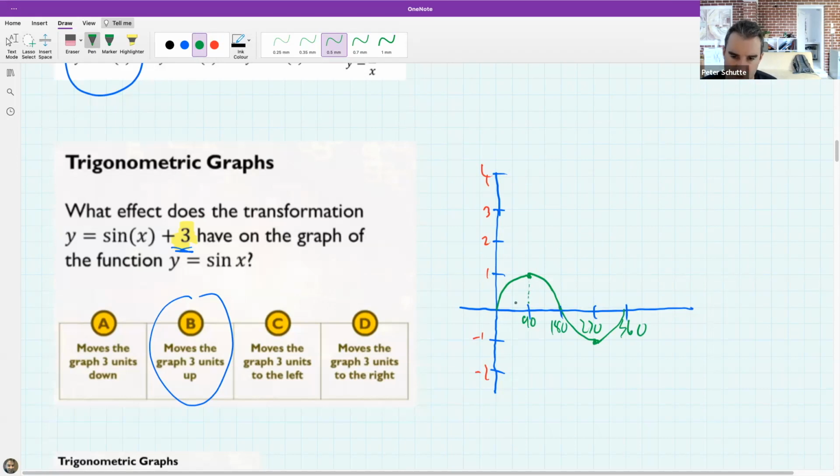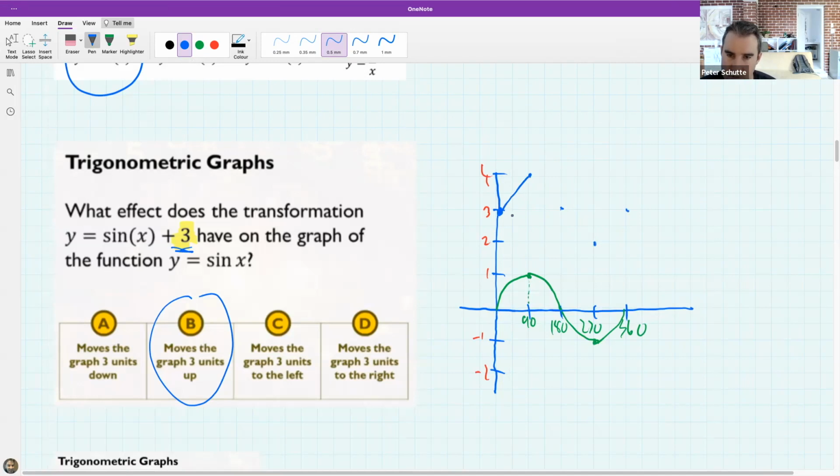Now, what the +3 does is it just moves everything up. So you can imagine here, it's now going to be there. Everything that was a y value, so here's a y value of 1, this is going to go up to 4. And then it's just going to mimic the shape that it has over here.